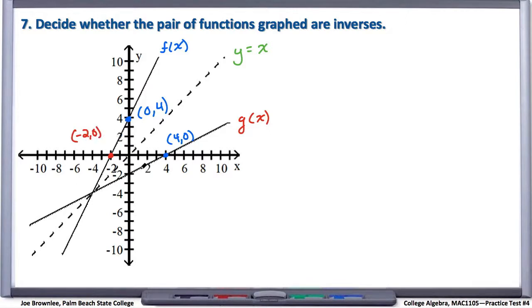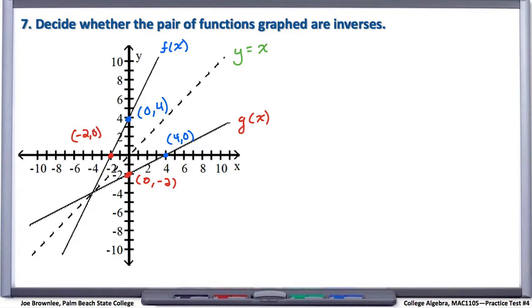So if g is in fact an inverse of f, we would expect to find the point (0, -2). And indeed we do. There it is, (0, -2). We didn't go left or right on the x-axis, so that's 0, but we did go down 2 units on the y, -2. So again, that's the flipped, the inverse of (-2, 0).